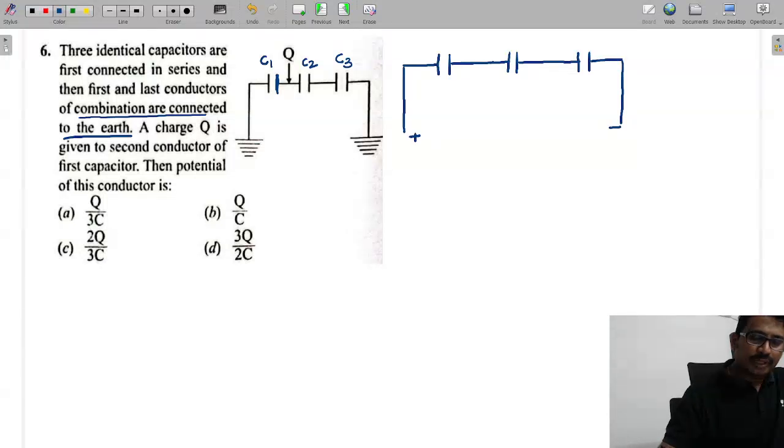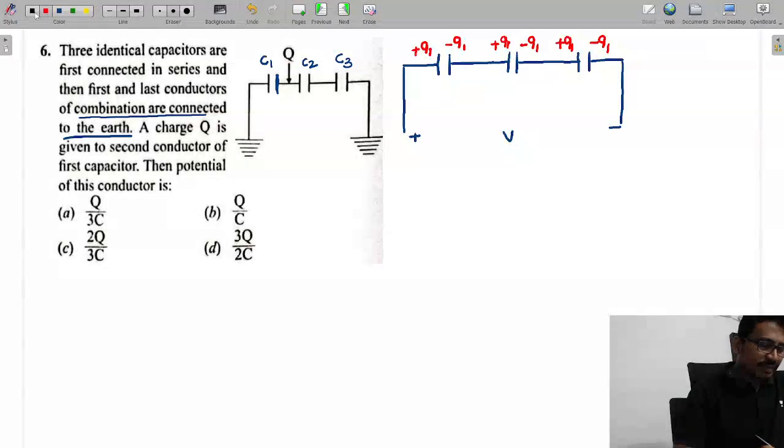You can see the supply here, which is V. Now, the charge on this one plate will be Q1, and this plate is minus Q1. Since the capacitors are connected in series, the same charge will be on each plate. So this side is plus Q1, this side is minus Q1, this side is plus Q1, and this side is minus Q1.